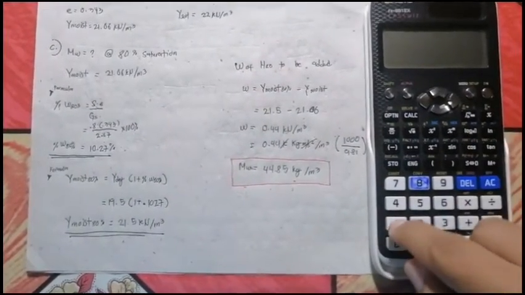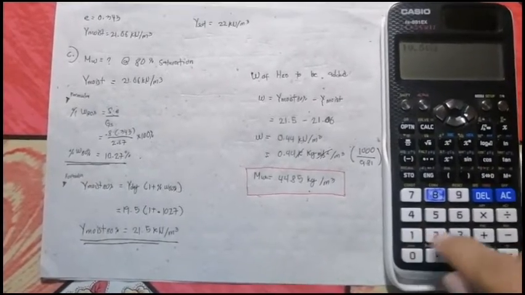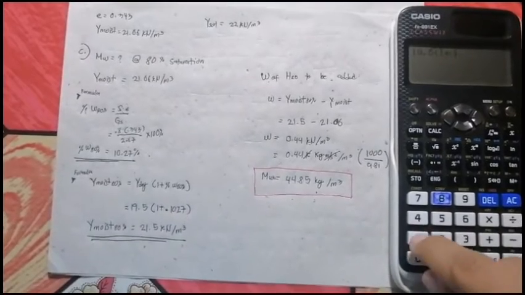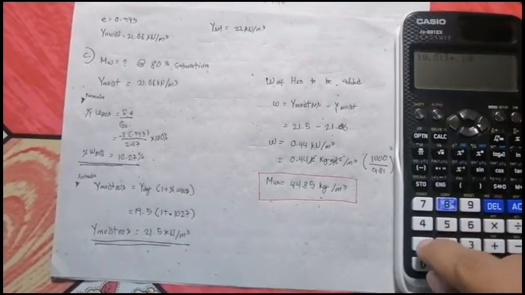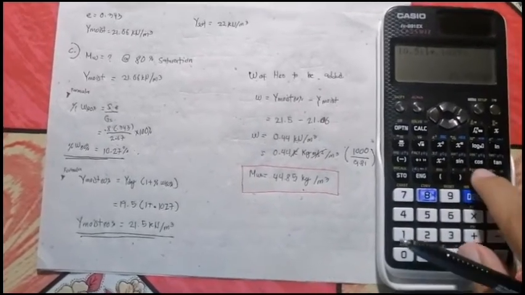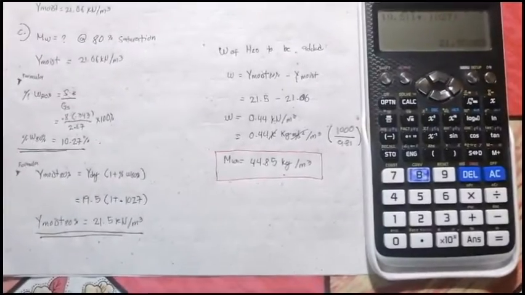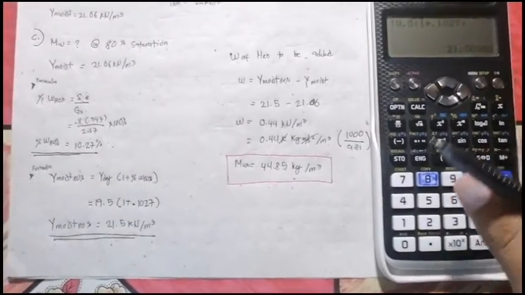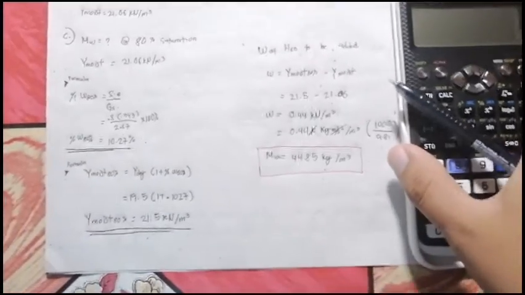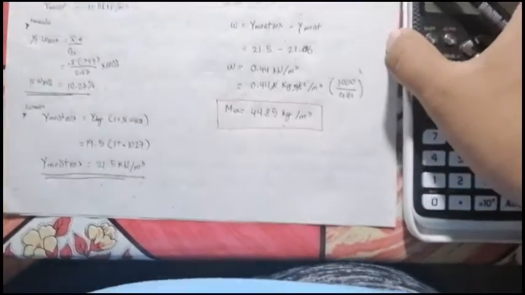So, 19.5 multiplied by 1 plus yung 0.1027, which is 21.5 kilonewton per cubic meter. So, pagkatapos nun, syempre, kukunin natin yung mass of water.